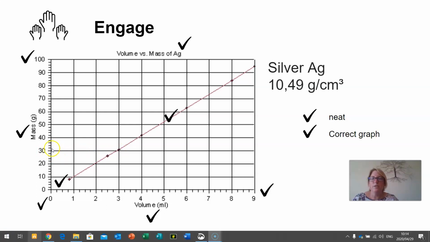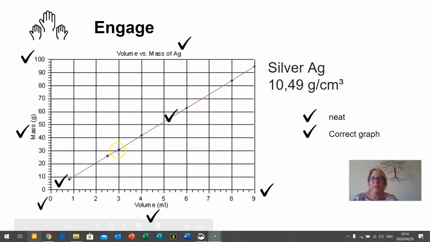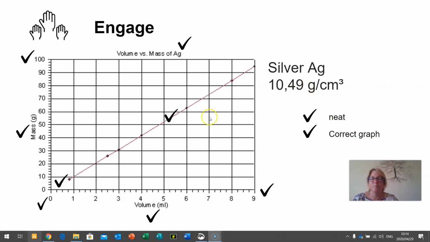So I know it is quite tricky to read off this graph, but this point over here is definitely a volume of 3 mL or 3 centimeters cubed, and the value here is probably about 31. So if you read off about 31.4 or 31 and you divide that by 3, you will find you get a number of 10.49.